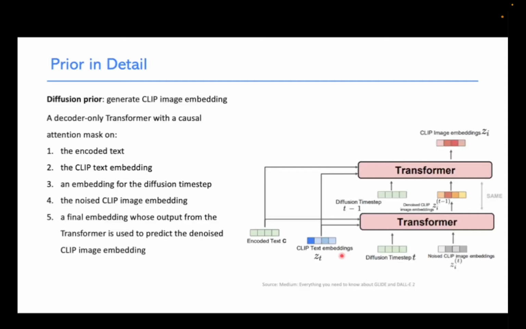So there are some diffusion steps. Why are we doing this? It's kind of a diffusion, okay, we are denoising, but why are we using the denoising approach to convert these embeddings? That's something on my mind.